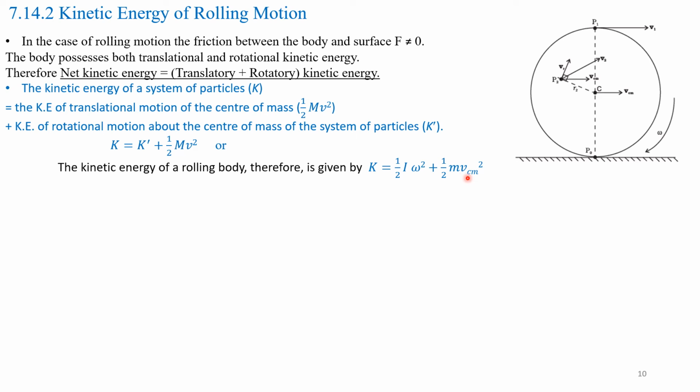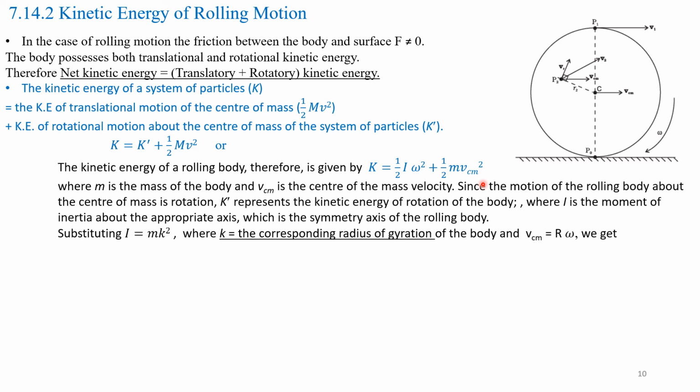This is the velocity of the center of mass, because different particles will be moving with different velocities, but we have to consider here the velocity of the center of mass. The kinetic energy is given by K equal to half I omega square plus half m v cm square, where m is the mass of the body and v cm is the center of mass velocity.